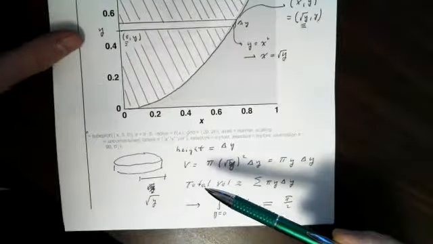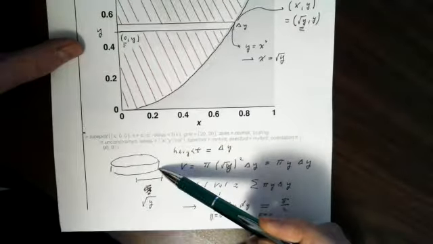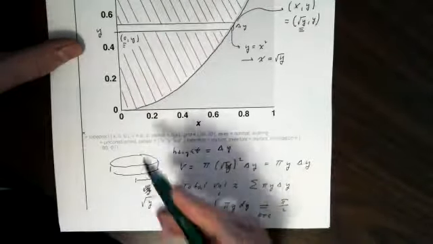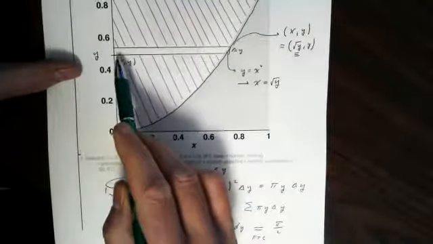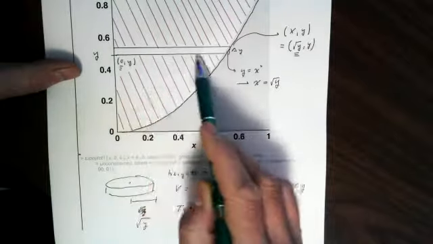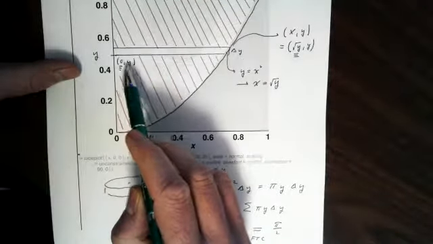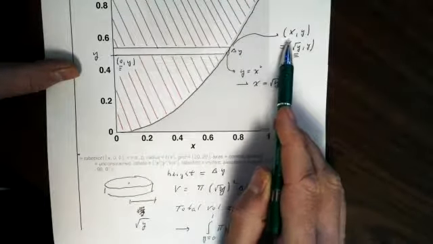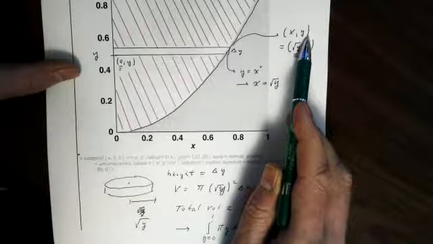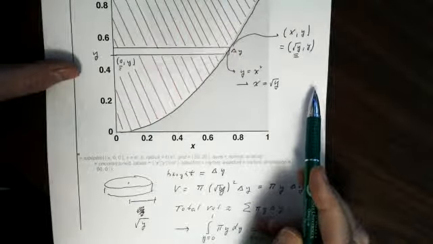If we lay that cylinder down flat, its height is delta y. Its radius is now going to be a horizontal distance. It's going to be a distance from here over to here. This point has coordinates 0, y. This point over here has coordinates x, y. But we want everything to be in terms of y for purposes of integration.